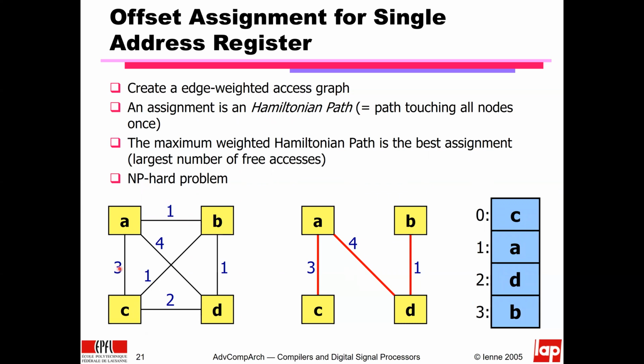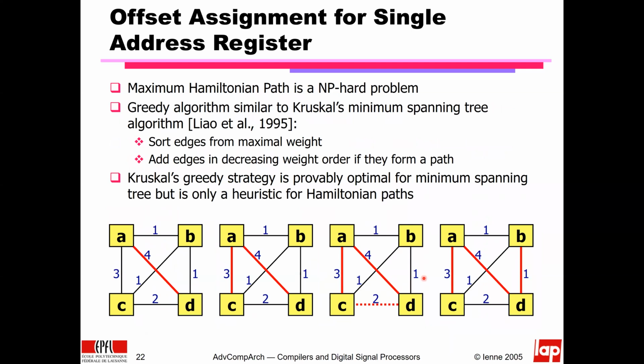That is, I want to save, because these are the number of times that I will save reloading the address register. So I want a path that has the maximum weight, right? So the path will be the sequence BDAC or CADB, which is equivalent in memory, and the maximum will represent how much I save. Now, this is an easy problem because there are great heuristics, right?